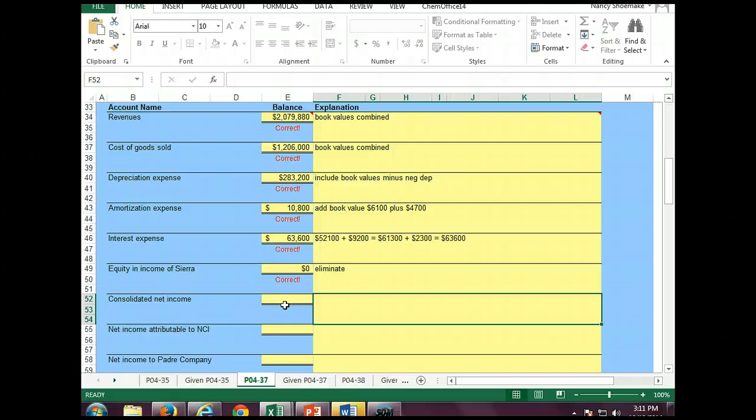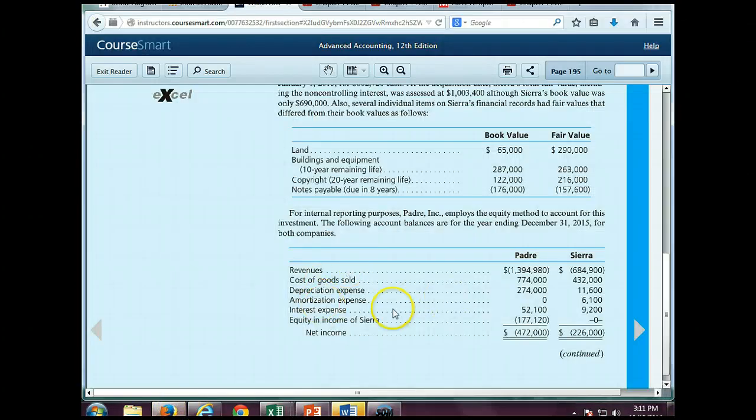What about consolidated net income? If we look at here, our consolidated net income is going to be what? 472 plus 226, 698. 472,698.